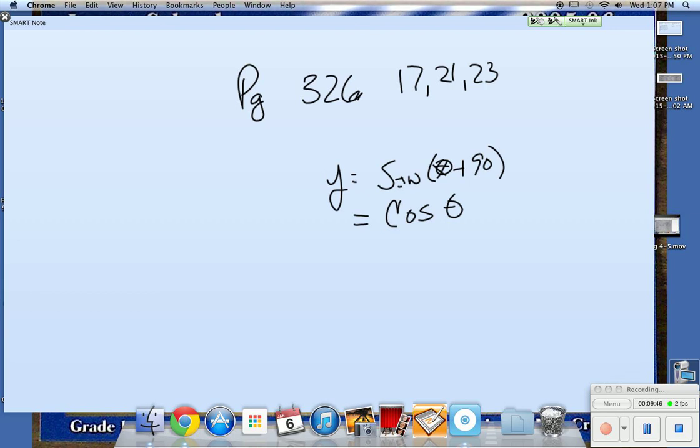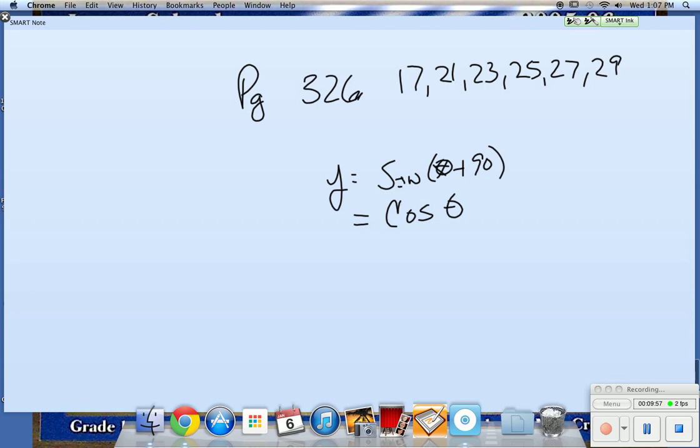You're going to have to graph these. 25, 27, 29. Because I missed 19. You want to do 19 too? What I'm picking is the sines and cosines out of there. I'm not doing the tangents out of it. All these are sines and cosines.